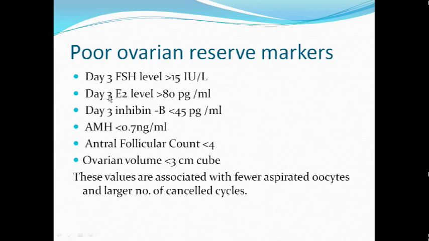If you find on day 3 the FSH level is more than 15 international units per liter, estradiol E2 is more than 80 picograms per ml, inhibin B is less than 45 picograms per ml, AMH is less than 0.7 nanograms per ml, AFC is less than 4 and ovarian volume is less than 3 cubic centimeters, this represents poor ovarian reserve.